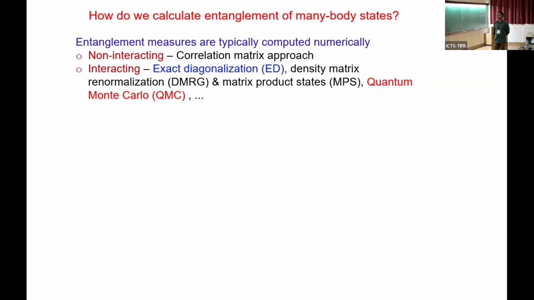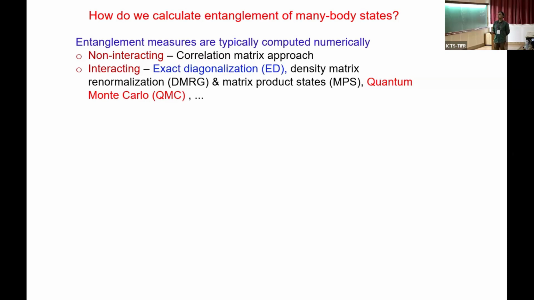So everything you can calculate using this thing called a correlation matrix. You can calculate the full entanglement spectrum, everything, just using this non-interacting diagonalization, and using those eigenstates and eigenvalues, you can look into the correlation matrix. This works for relatively very large systems.